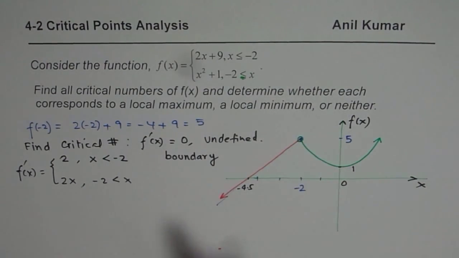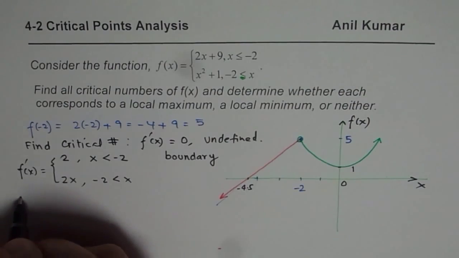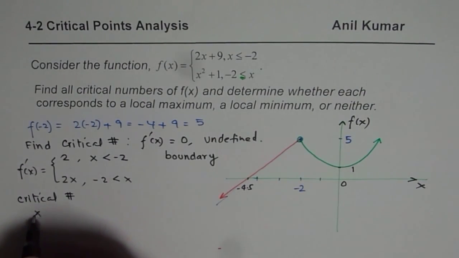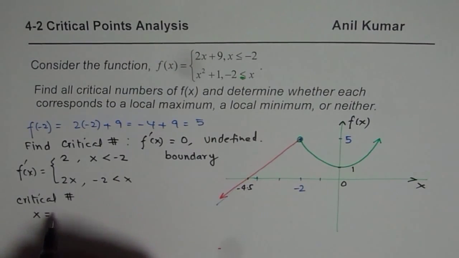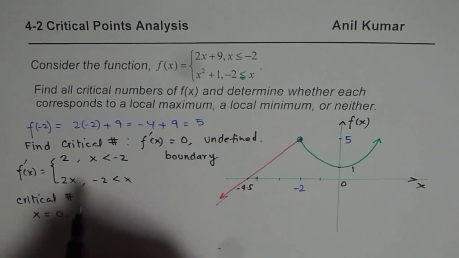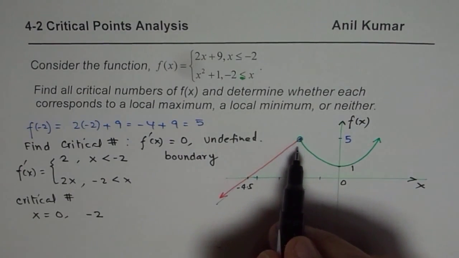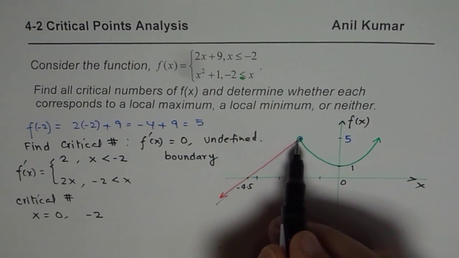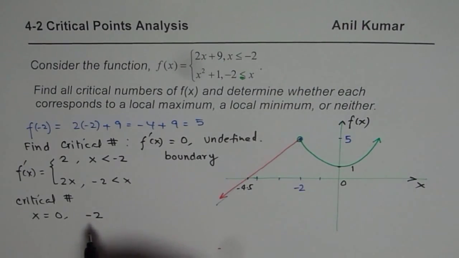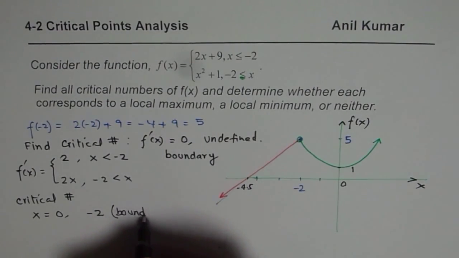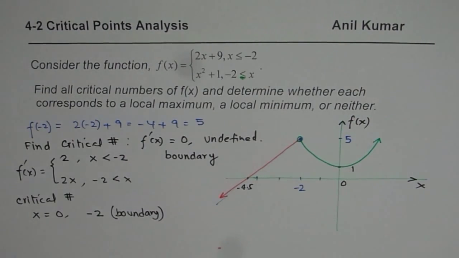Now from here we can say the critical numbers are x equals 0, where 2x is 0 and the function value is 1, and x equals minus 2. You could say that from your graph, being a sharp corner, or because of the boundary. So I'll write here boundary condition. That is how you find your critical numbers.